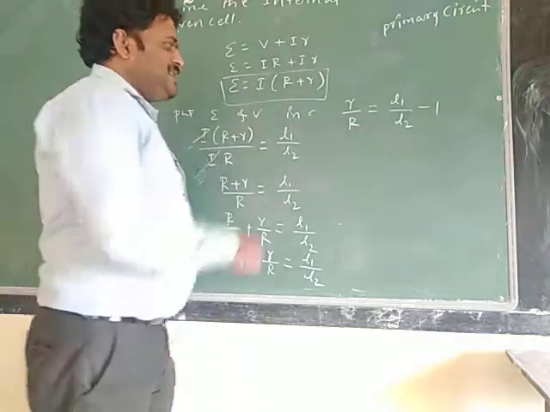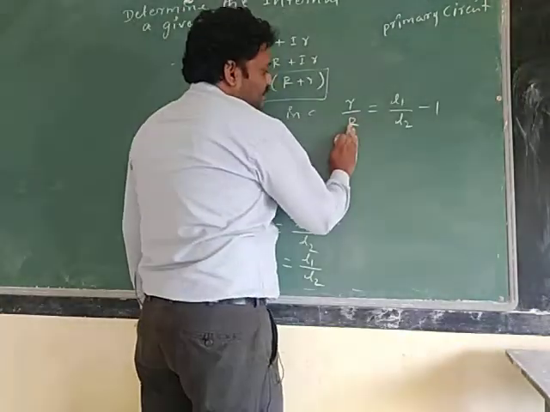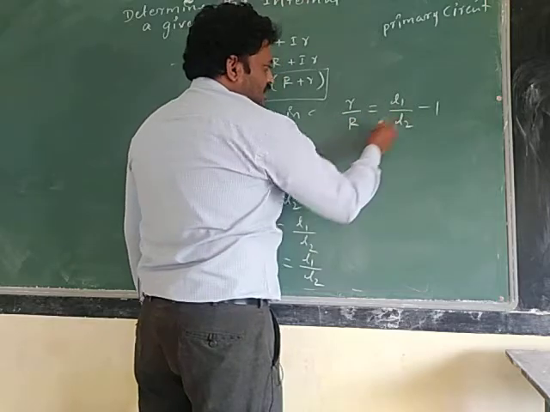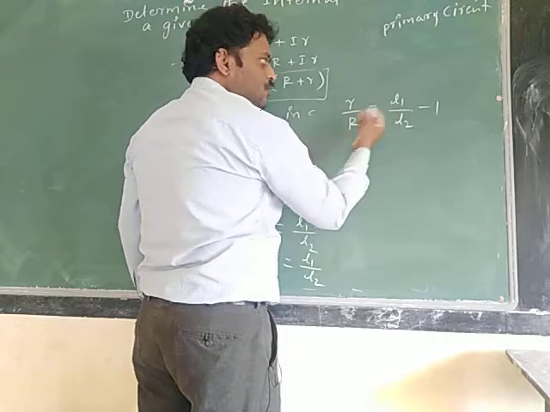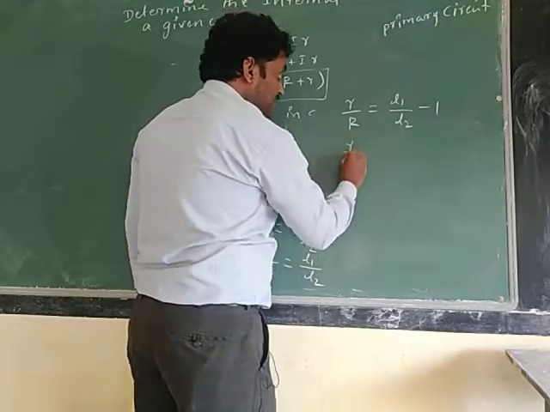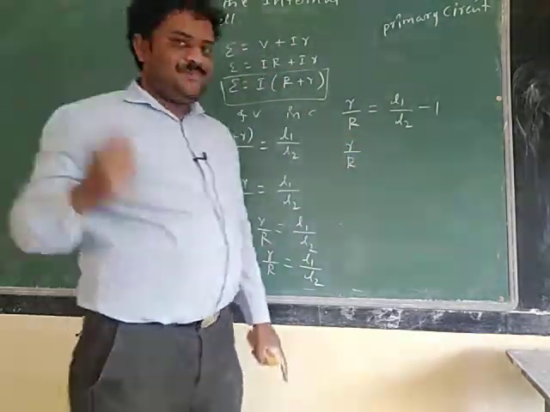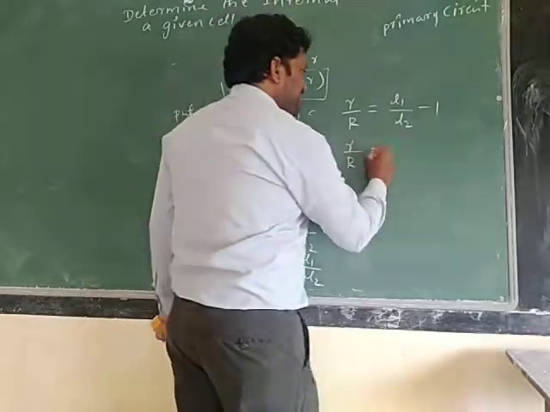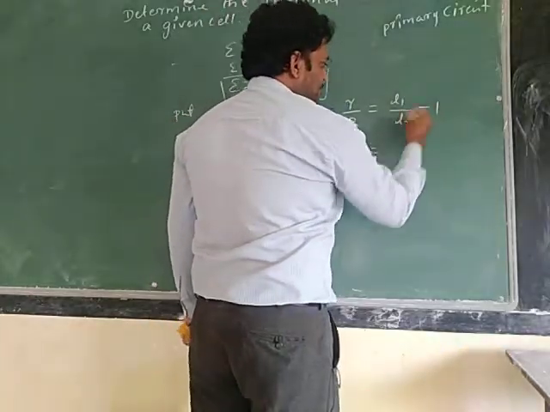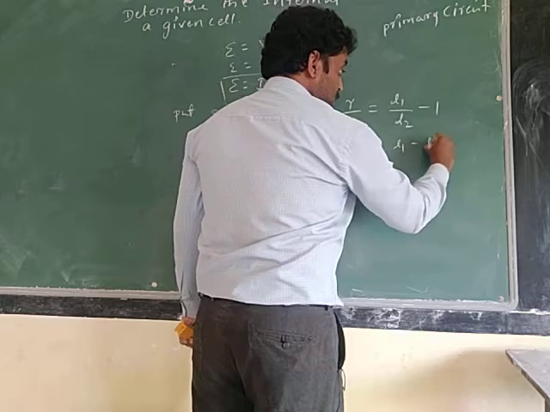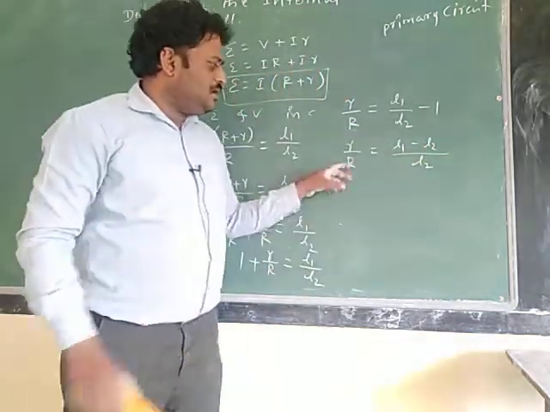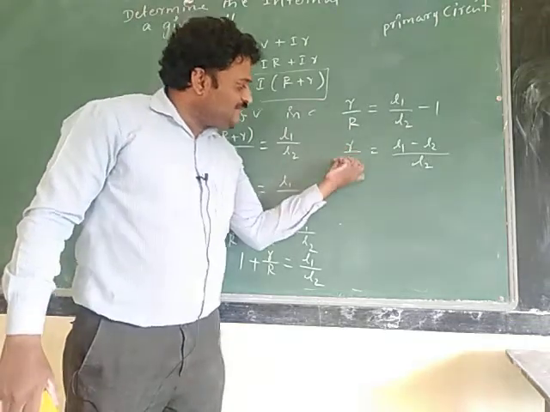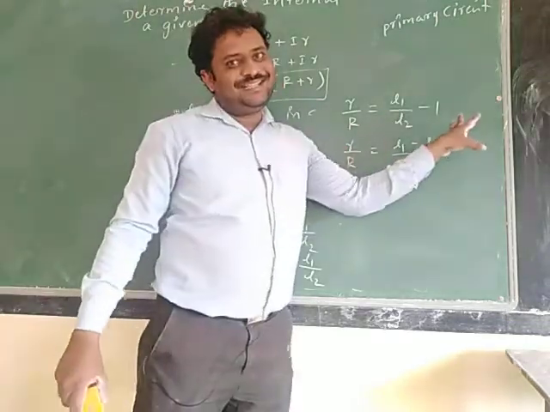So then you do one thing. You bring this 1 to the right hand side, or you can take the LCM of those. We'll take one more step here. So r by R is equal to, when I take the LCM, L1 minus L2 divided by L2. Here, if you want to know r, we need to send this capital R to the right hand side.